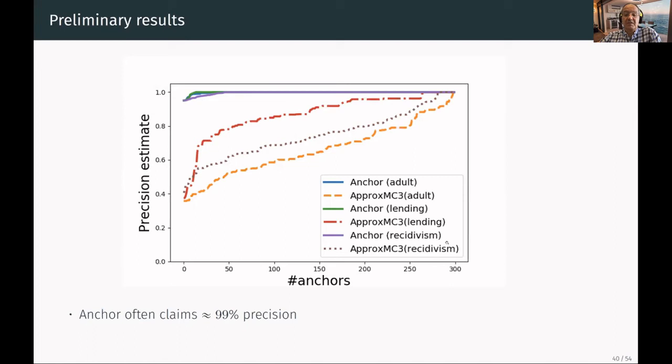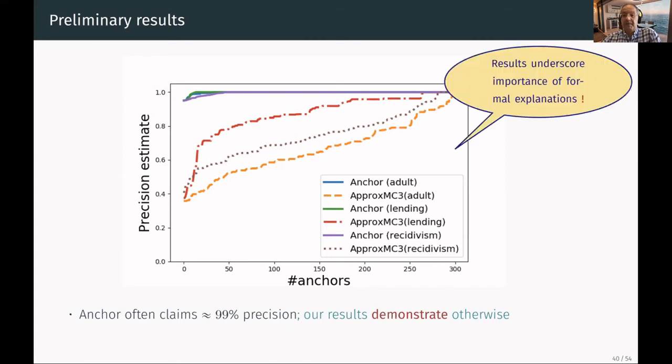And as you can see, we tried different instances, 300 instances. And for most of them, the precision is quite below the 99% claimed by Anchor. So the results really demonstrate that this 99% confidence should not be trusted.